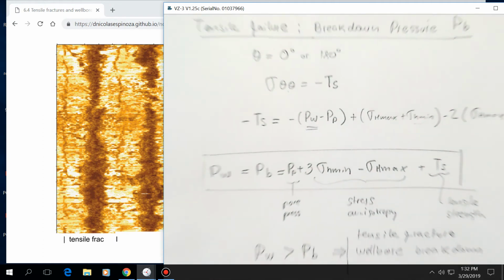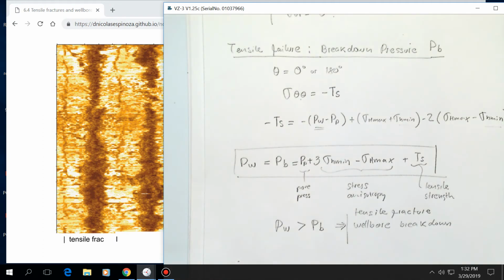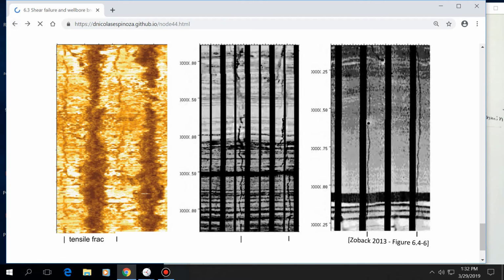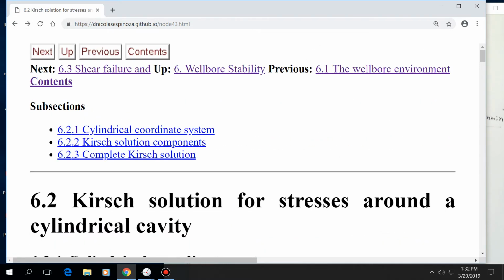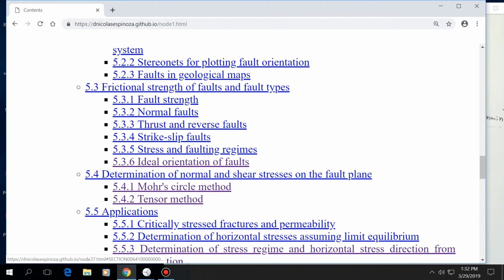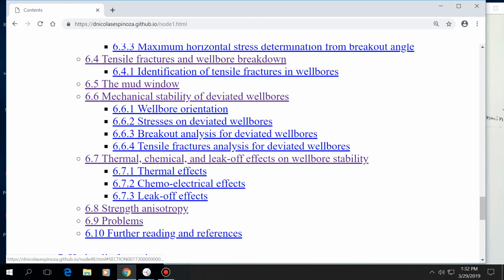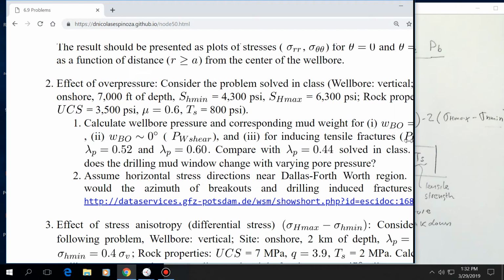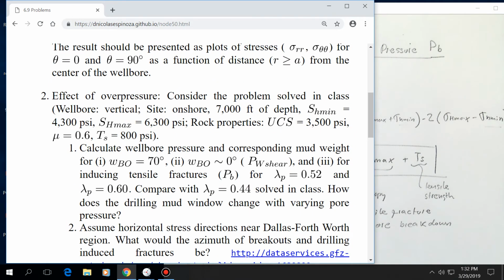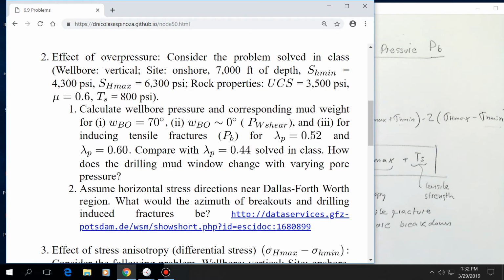So for problem number 2, I'm asking you to consider all these conditions. Here you have depth, you have stresses, and you have properties of the rock.